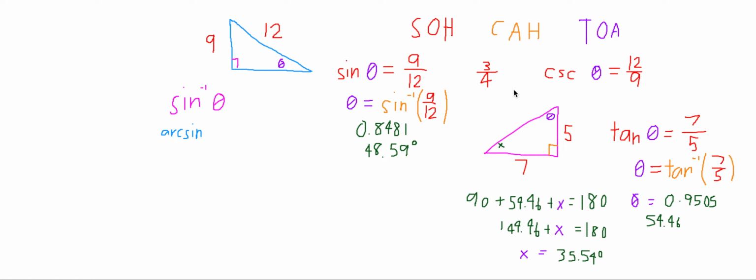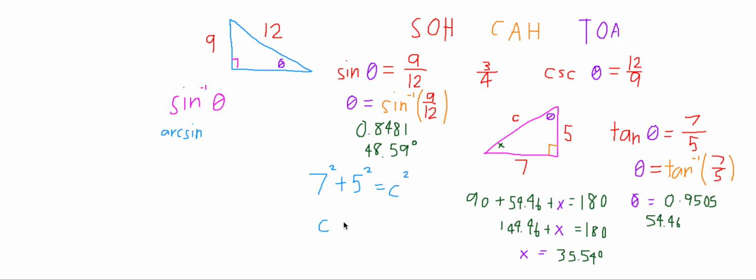And what about the side? I will put the side as c, so we can solve it later on. We can use one of our trig ratios to solve for the side, or we can just go simple and use the Pythagorean theorem. So a squared plus b squared equals c squared. We have 7 squared plus 5 squared equals c squared.